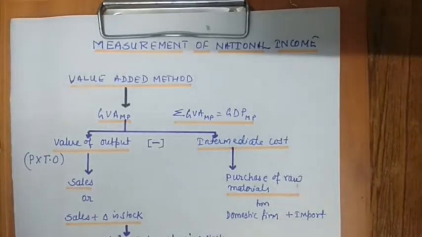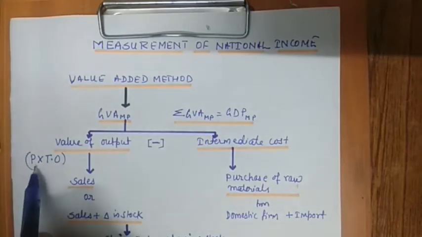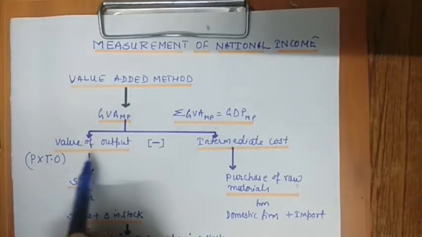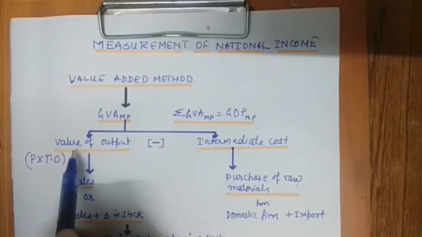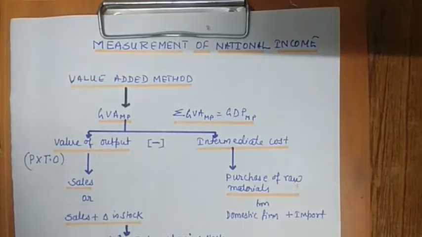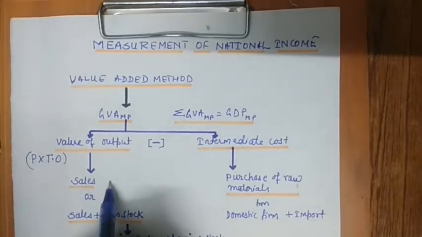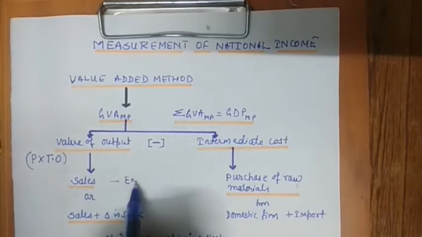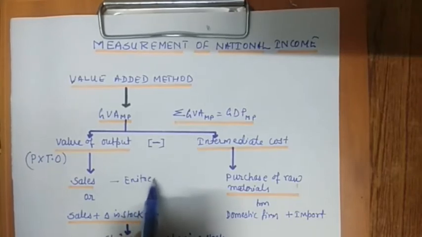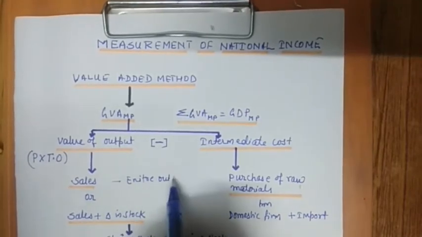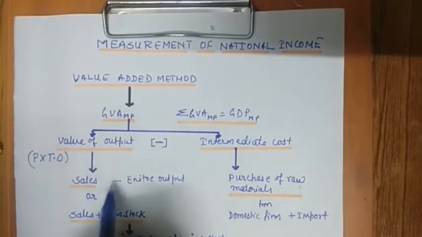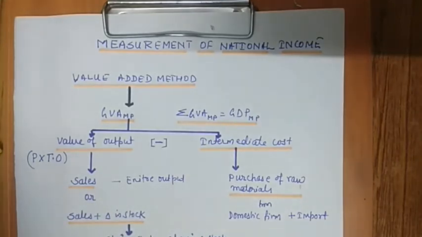And how to measure it? First, price into total output which has been produced in the economy will give you value of output. Second, when entire output is sold in an economy, then value of output will be equal to sales.